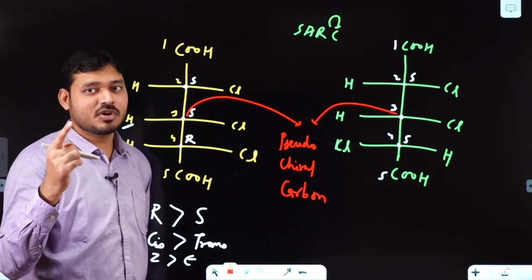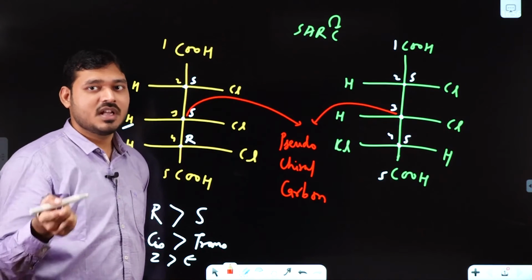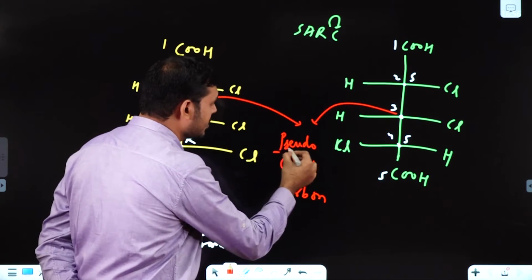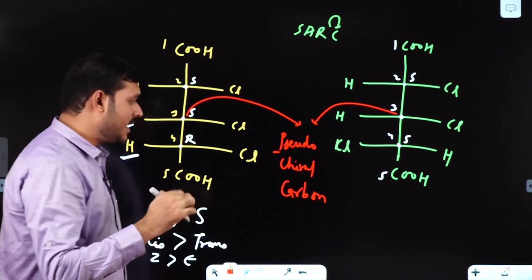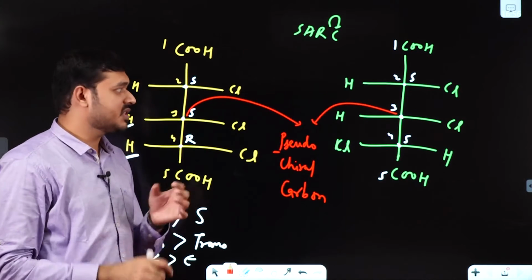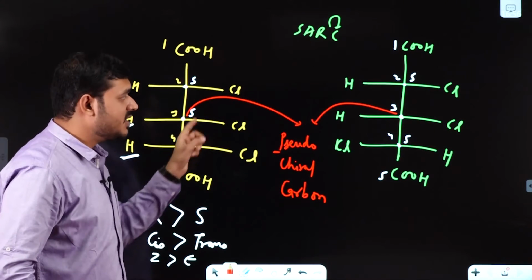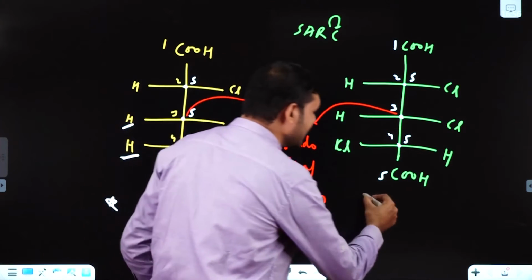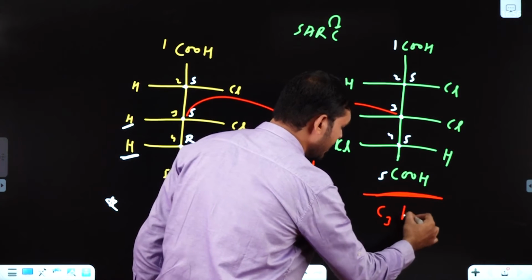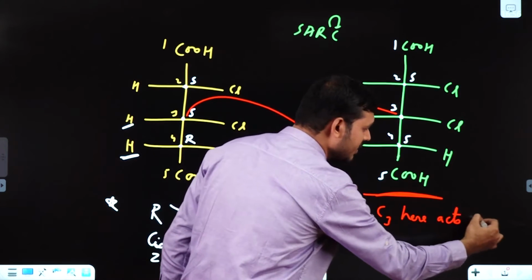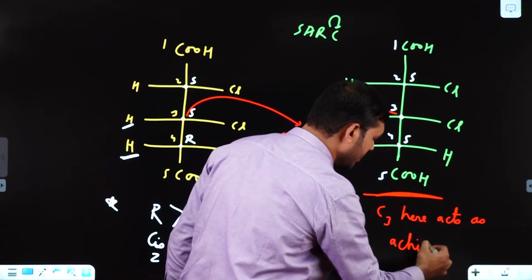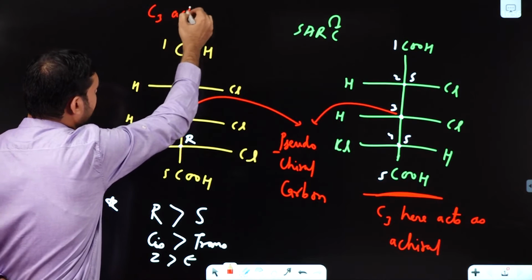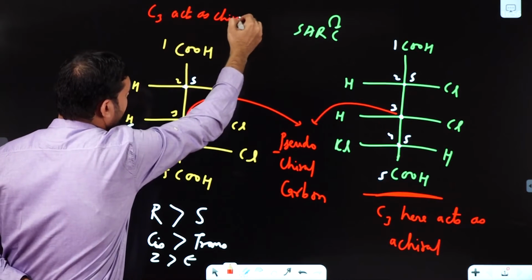I have already discussed chiral carbon, pro-chiral carbon. Now I am telling you about pseudo-chiral carbon. Here P is silent. Pseudo-chiral carbon means a carbon atom which is chiral in one structure but behaves as achiral in another structure. Means in this structure C3 acts as achiral, and here C3 acts as chiral.